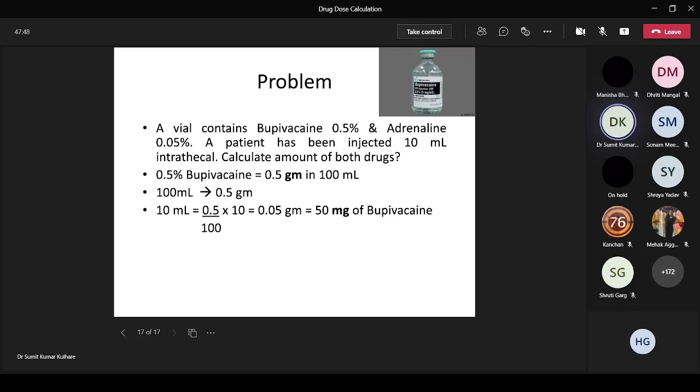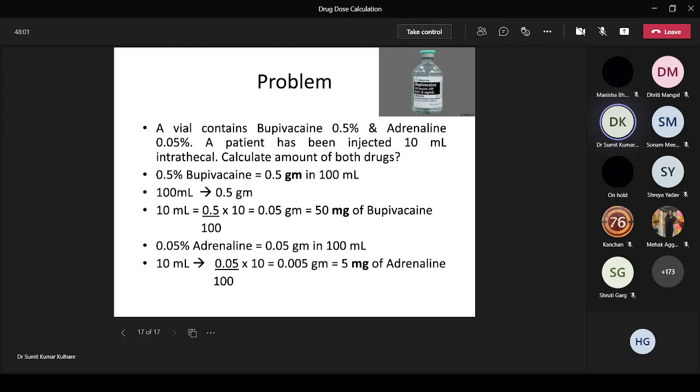So 10 ml will contain around 50 milligrams of bupivacaine. Similarly, adrenaline is 0.05%, which means 0.05 gram of adrenaline is present in 100 ml. Again, we'll put that in our D = Q by H formula, and that will give us 5 milligrams of adrenaline.